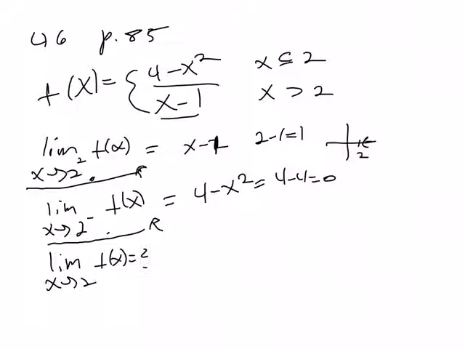So now let's sketch the graph. When x is bigger than 2, we have a line. This line intersects the y-axis. So when x is 0, this line is negative 1. It's here, and we know that at 2 it's 1.